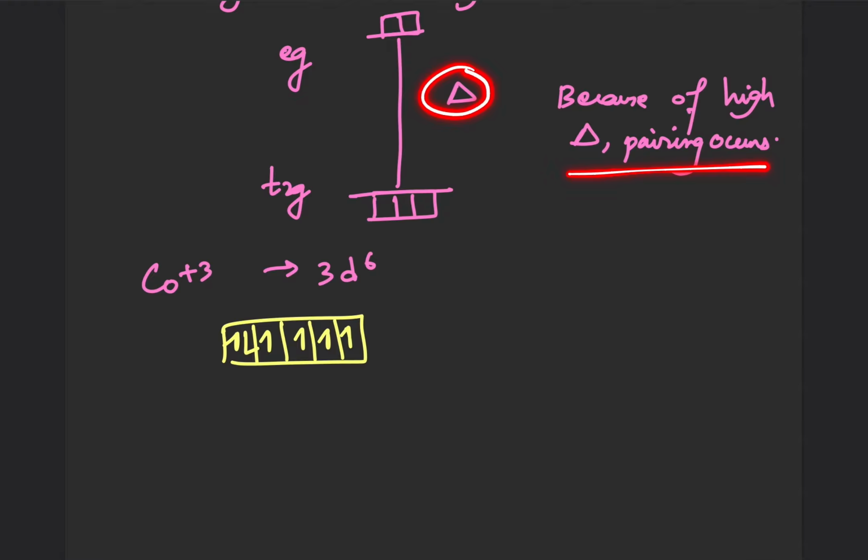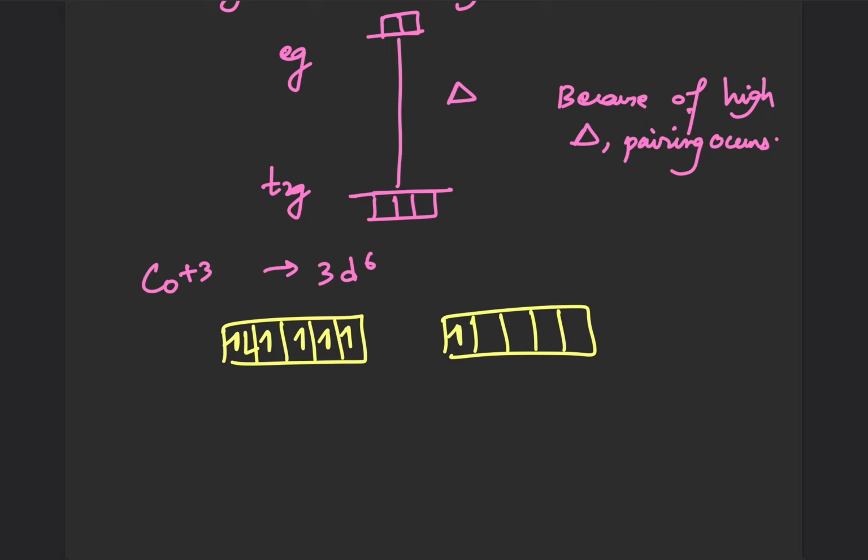So therefore pairing happens eventually. So these four will pair up. So after pairing, it will look something like this: 1 2 3 4 5 6. Okay, so you can see it has zero unpaired electrons, all of them are paired. So therefore it is diamagnetic, very important.